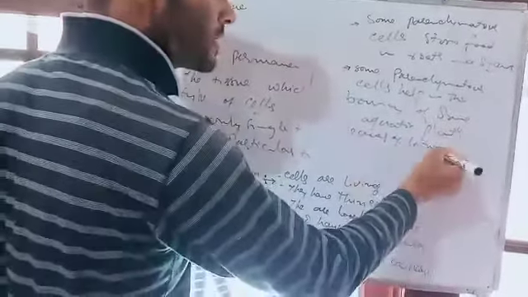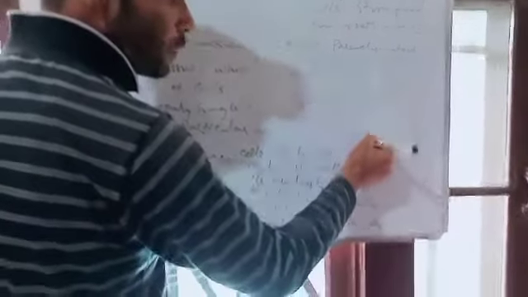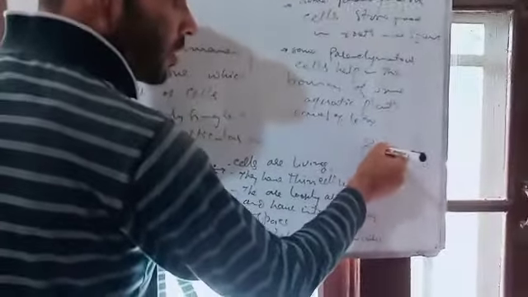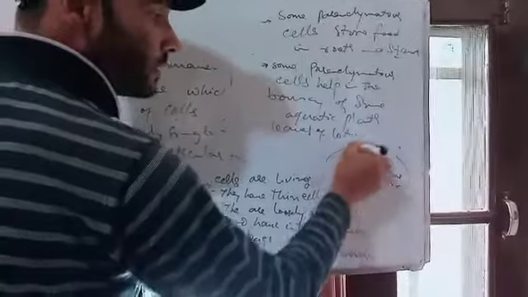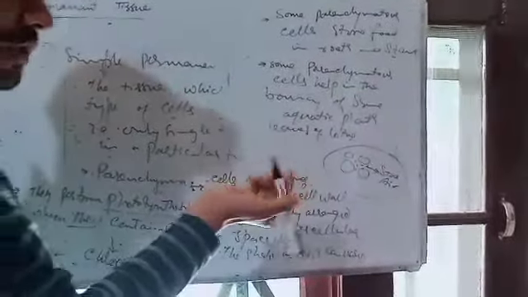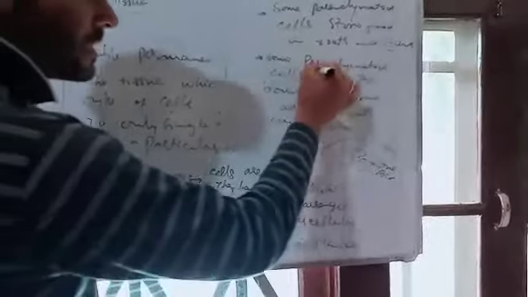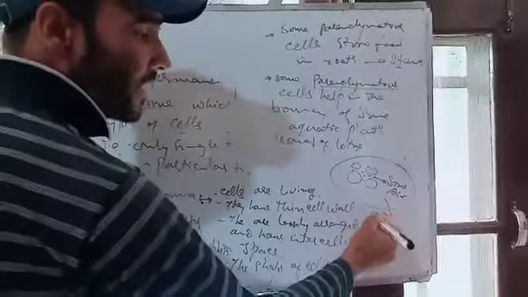The leaf of the lotus does not sink into the water because it has loose parenchymatous cells with a lot of intercellular space, and they store air. Due to the presence of this air, the leaves float on the surface of water. Those parenchymatous cells which have air present in them are known as aerenchyma.